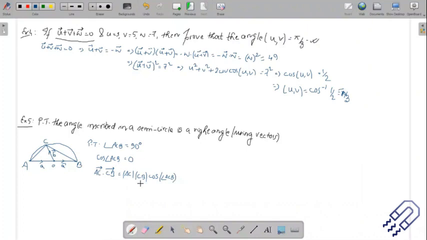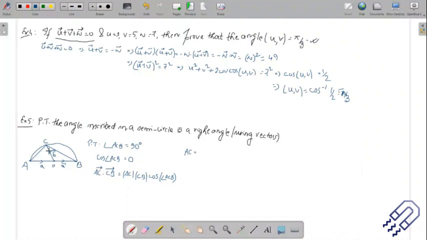So what we can do is try to find AC in terms of A and B, and find CB in terms of A and B, and then we can show that AC dot CB is equal to 0. So let's see what we can do now. If we take AC, we can say it's AO plus OC.